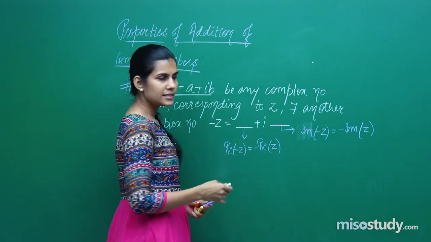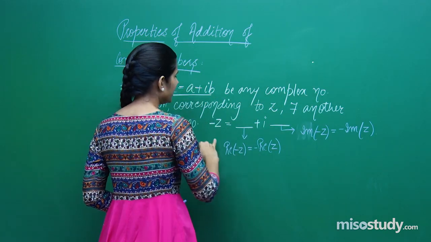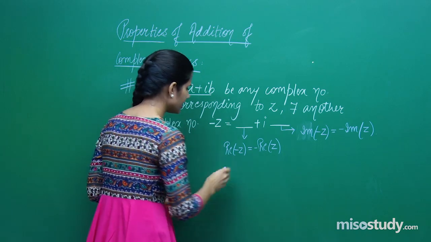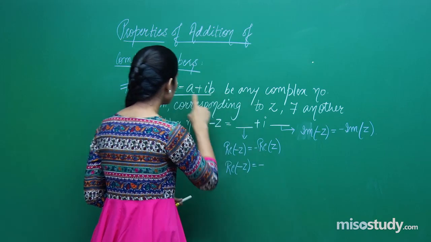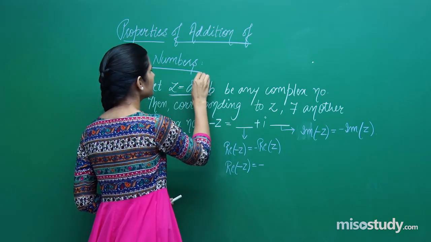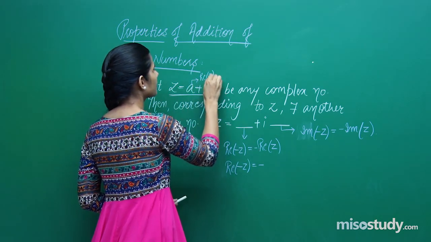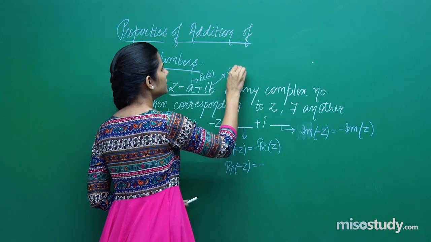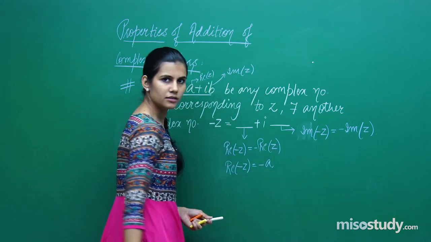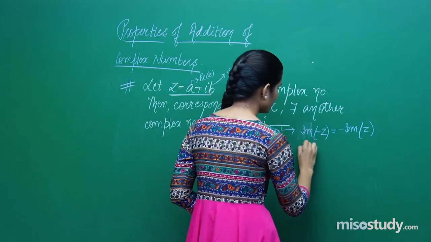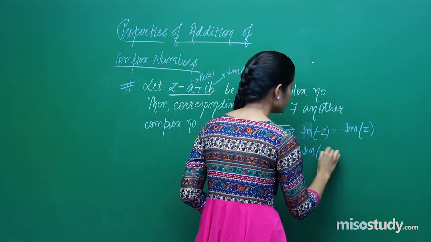So, what is minus z? What is real part of minus z? Real part of minus z therefore has become minus of real part of z. This is real part of z and this is imaginary part of z. So, minus of real part of z, it is minus a, and what is imaginary part of minus z?